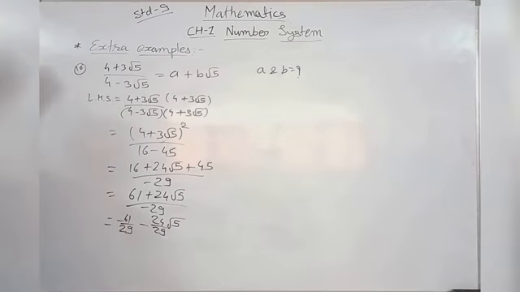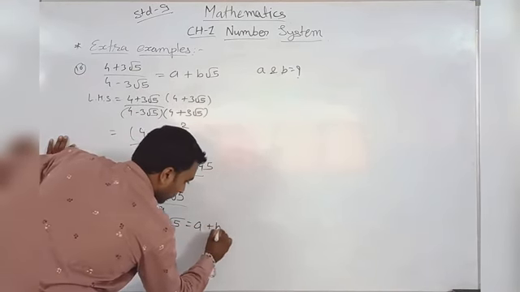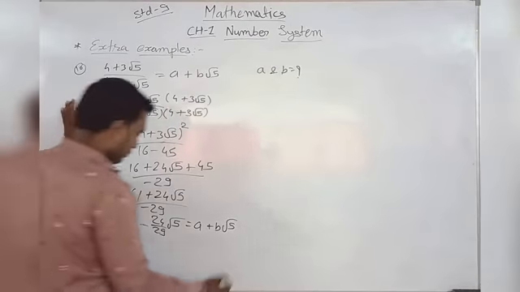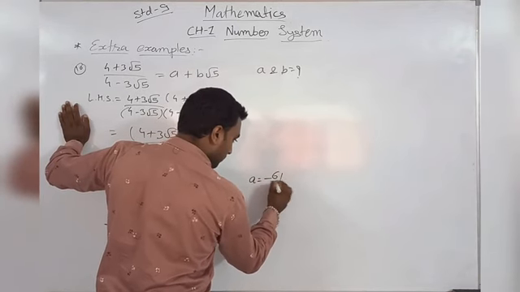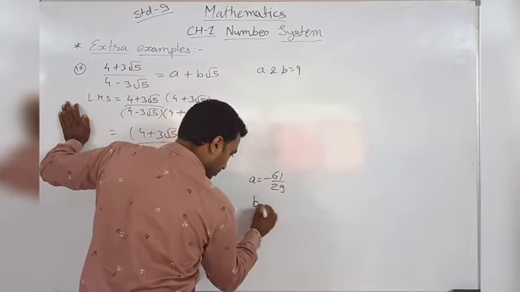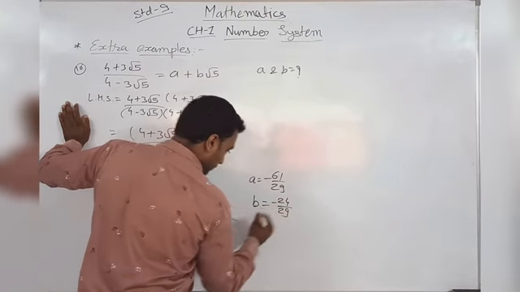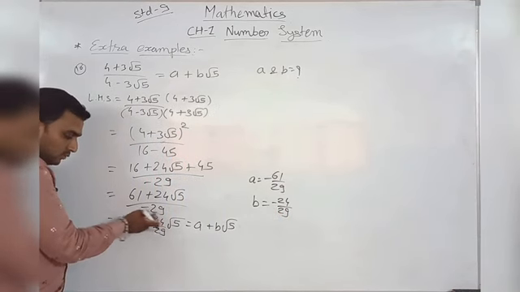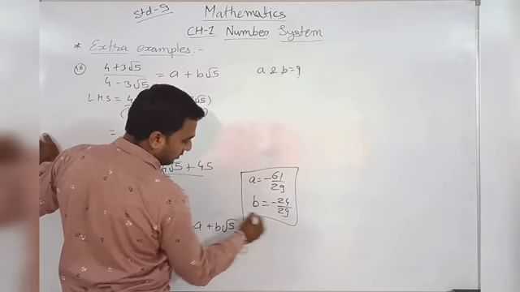Again now the LHS is equal to a plus b root 5. So a is equal to minus 61 upon 29 and b is equal to minus 24 upon 29. See here it is plus given, here it is minus given, so we have to take this whole as your b. Clear? So this is your answer.